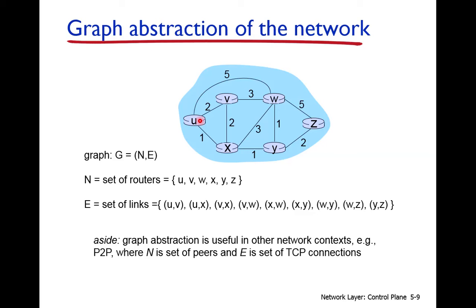Anyway, when the whole computer network is represented in the form of a graph, then it is easy to find the path from one router to another router. An analogy can be that, for example, these nodes are representing cities, for example, U, Peshawar, Islamabad, Karachi, Lahore, etc., and the links represent the roads between two cities.